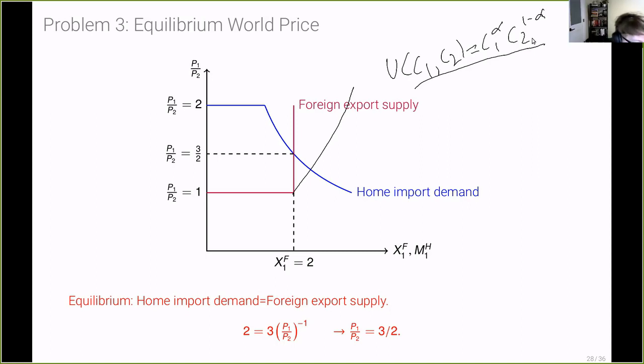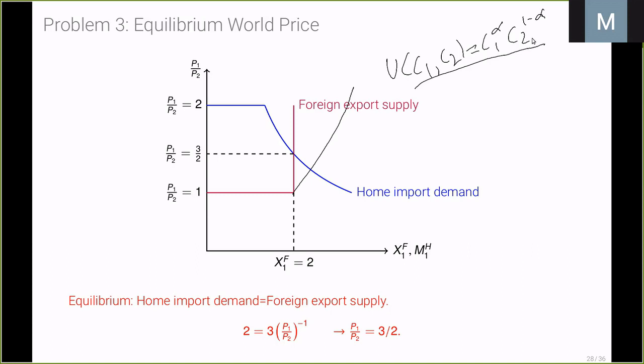If we had different preferences, it would look different, but in this class we'll pretty much only see examples with Cobb-Douglas preferences. So in your mind, it's probably okay just to think that your export supply curve is always going to be vertical above a certain point.